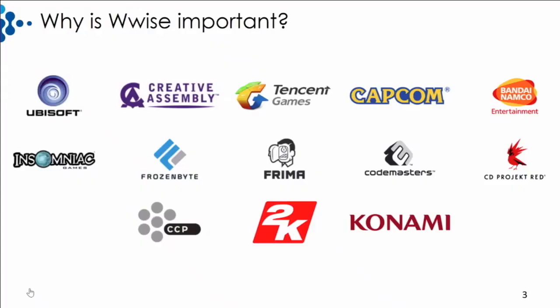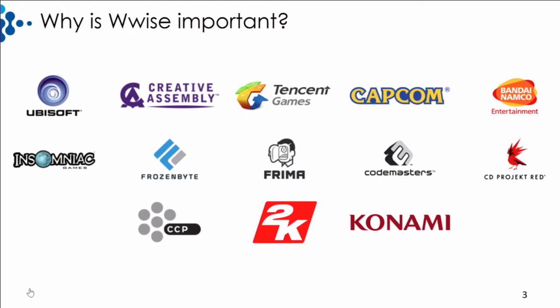So I just want to take a moment to talk about why it's important that this kind of work occurs. If we want the web to become a major gaming platform, middleware is going to be very important. So Wwise is used in studios all over the world, big and small. We have indie games and AAA games launching with Wwise. It's very popular. There's been over 500 games shipping with Wwise in the last 5 years, and the pace is accelerating.